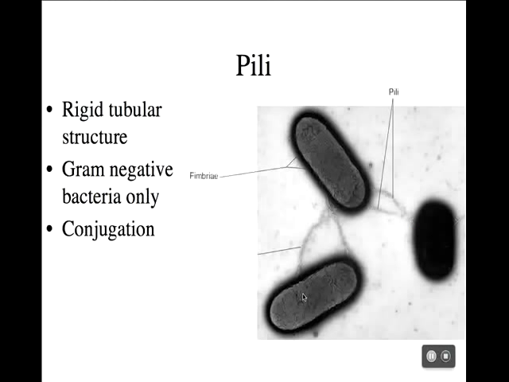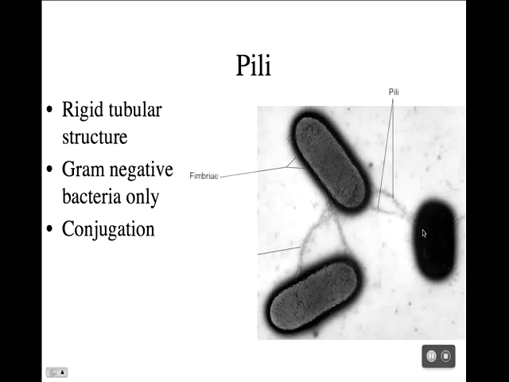All right, another structure that's off the surface of some prokaryotic cells, and this is pili. Pili is plural. Pilus is singular. Sometimes it's called sex pilus or sex pili because it's used for a type of sexual reproduction. Pili are rigid tubular structures. One bacteria will build this tube structure to contact a neighboring cell.